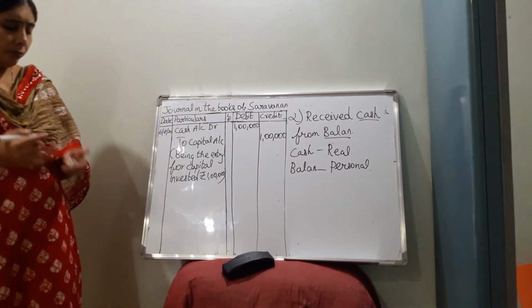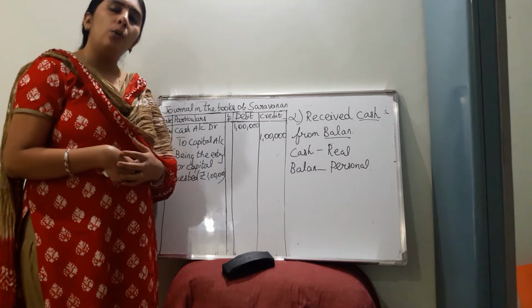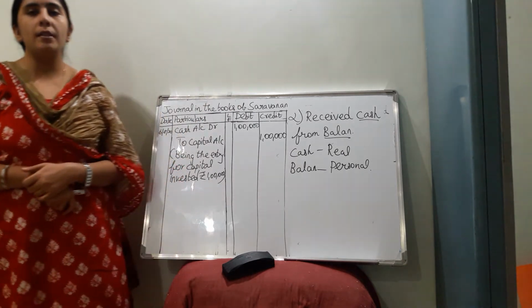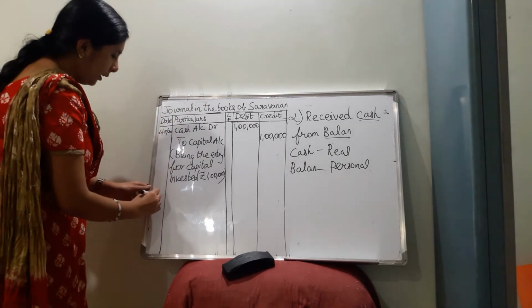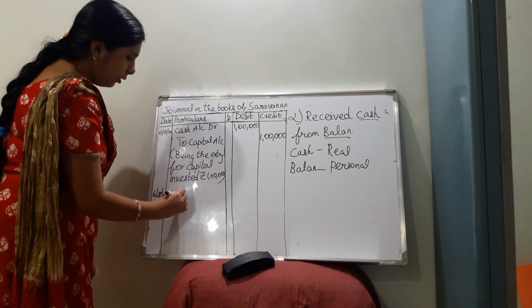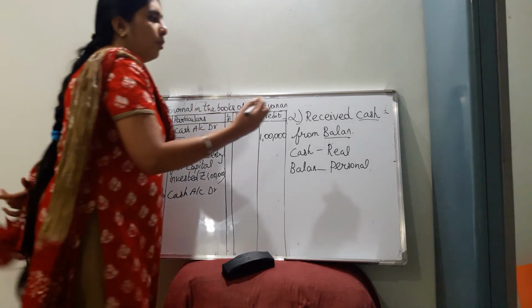Okay, now what is the rule for a real account? Debit what comes into the business. What comes into the business? Cash comes into the business. So I can straight away record it here, again on the same day or some other day also. Cash account Dr., because cash gets into the business.